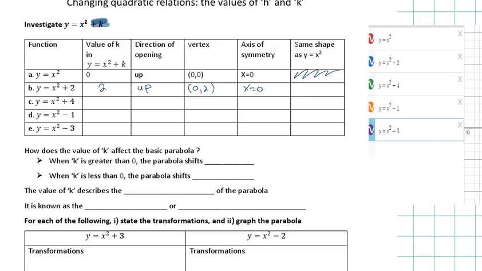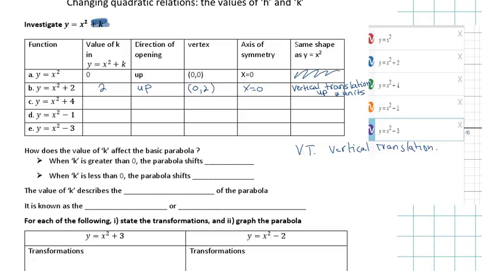Vertical translation up. How many units? 2 units. From now on, I'm going to write vertical translation as VT, because I don't want to keep writing vertical translation. You can do that on the test, yes.